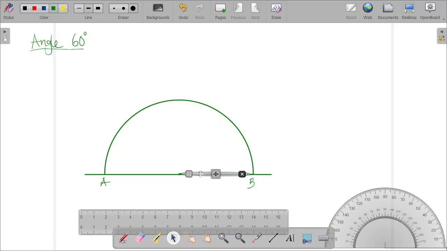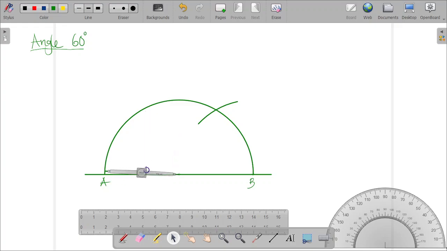Just like so. Then I'm going to make an arc that cuts the semicircle like this. Mind you, the center of that semicircle is right here. That is the center of the semicircle.